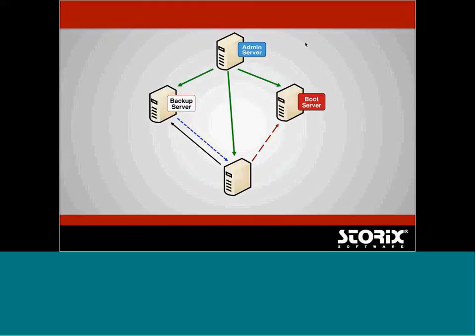So how are you going to do that when you've got multiple subnets that you need to traverse? Your admin server can be separate from your backup server and separate from your boot server. It's simple to have all three the same, but you may want to break this out. You could have one system, maybe even sitting in a VM somewhere, that's your admin, and then multiple backup servers in each network segment, and even separate boot servers to traverse your network as well.